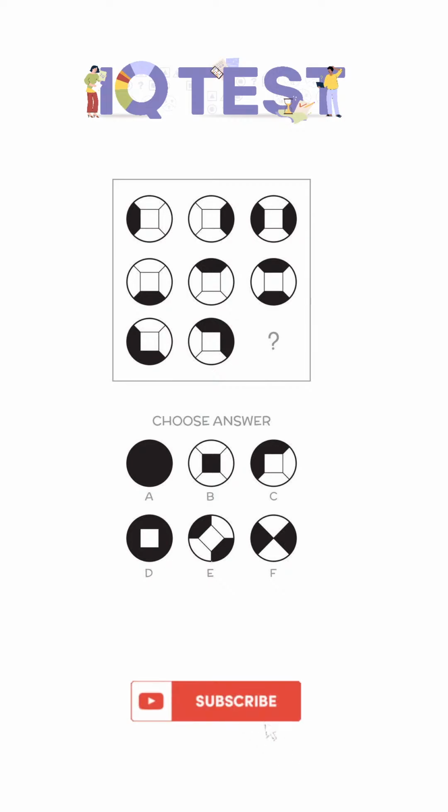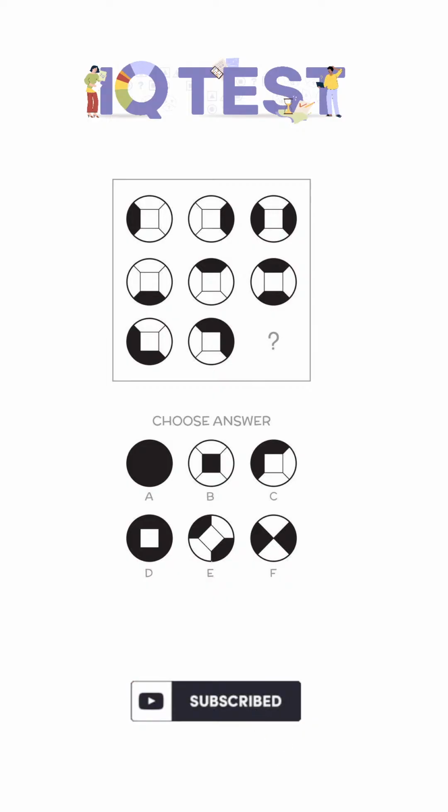So if you look at this horizontally, the black dot is on the left, the second one is on the right, so the final one is on the left and right. If you look at the second row, it is on the bottom, then the top, so the last one is bottom and top. Now, if you look at the last one, it is on the left and bottom, then the next one it is on the top and then the right. So if you combine the two of them, it will give you option D, full black. All right, so D is the answer.